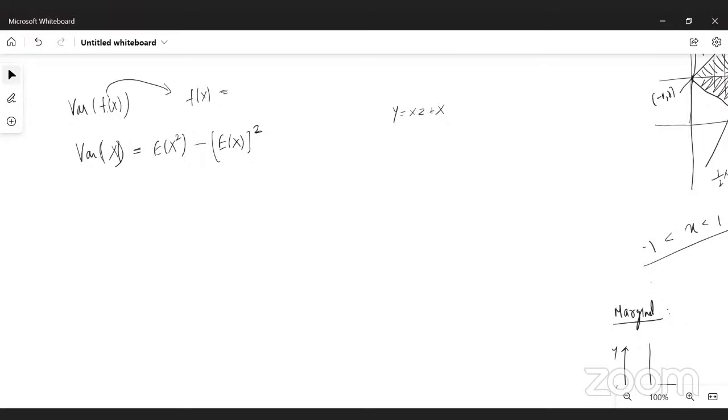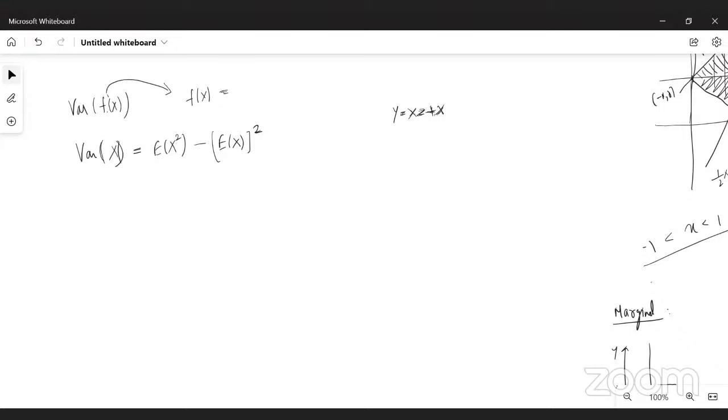Okay, first of all, you have written three random variables here. Originally there are two variables, x and z, and they are related to each other through this function. But is it possible to find the variance of this kind of function? You are saying y equal xz plus x. Yes, we can find it, but we'll have to find the joint distribution.